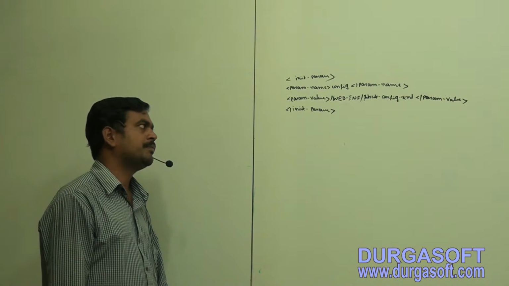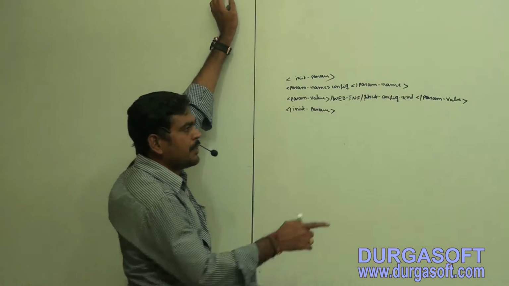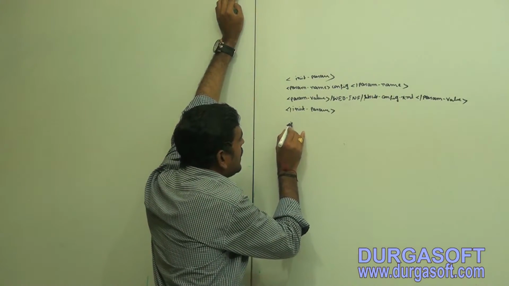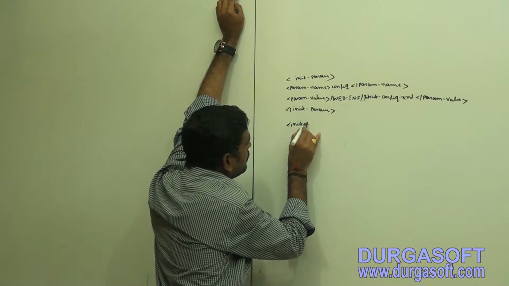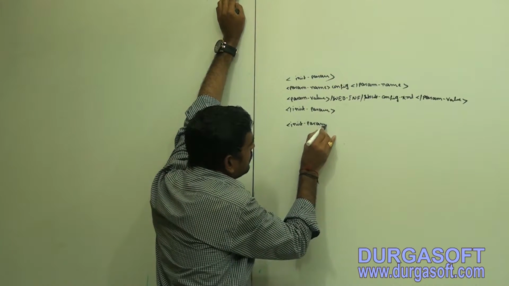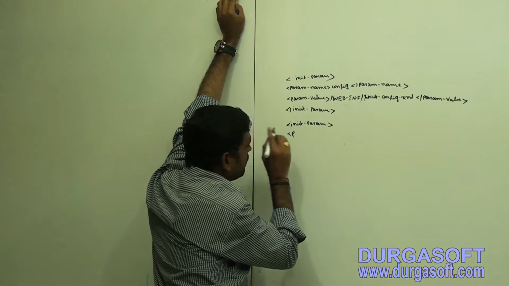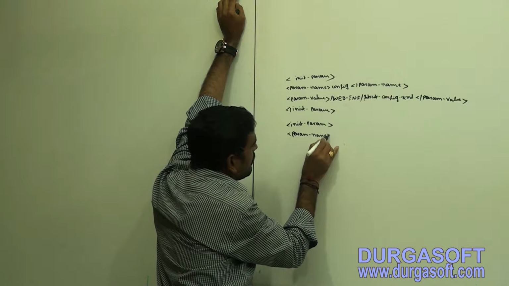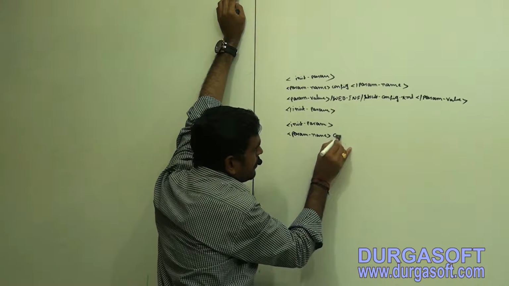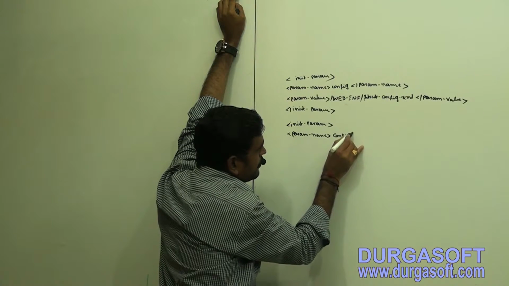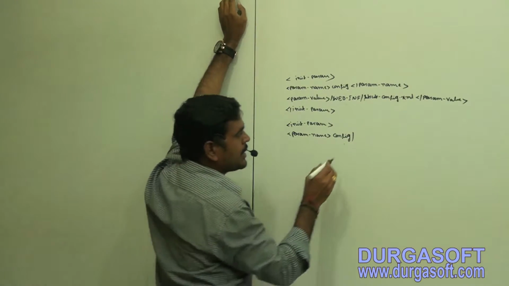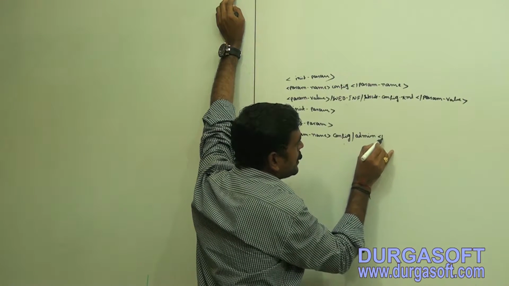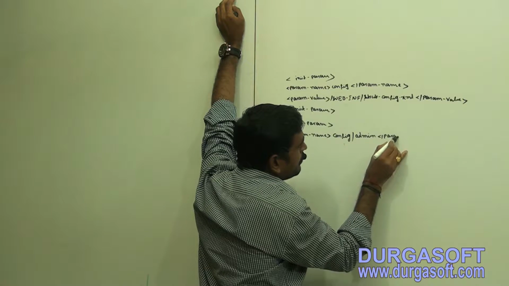Close the init param. The next we need to configure the remaining 2 also. How to configure? Init param, param name config/admin, close the param name.